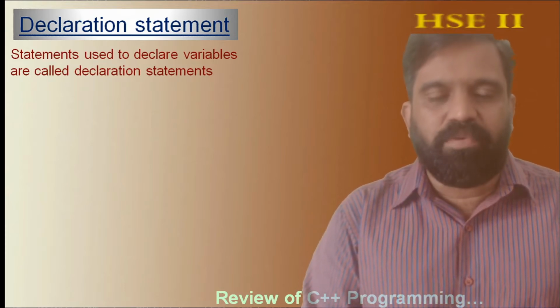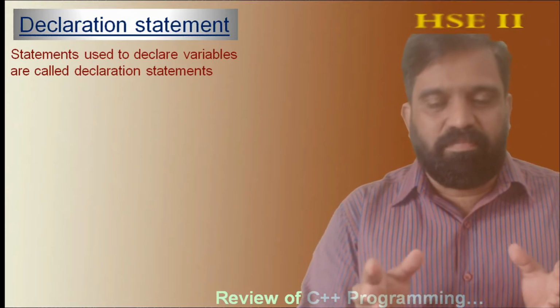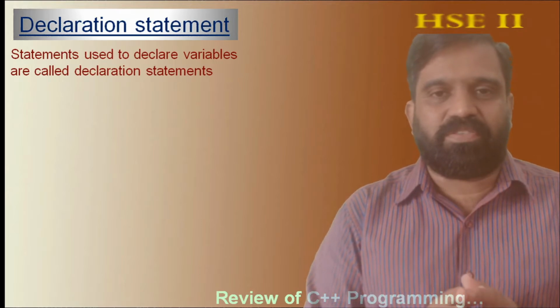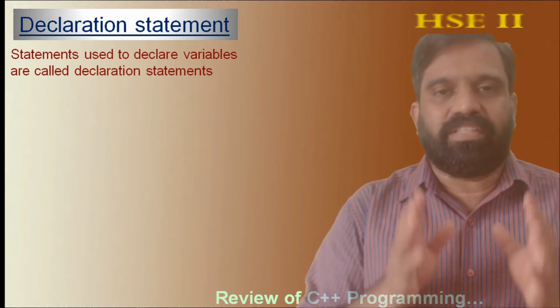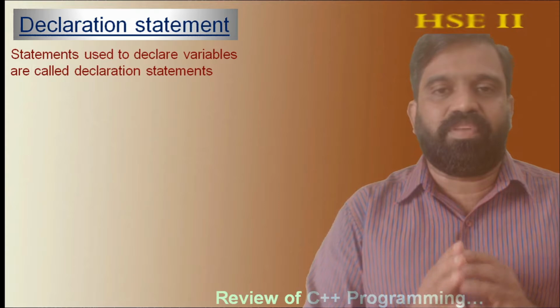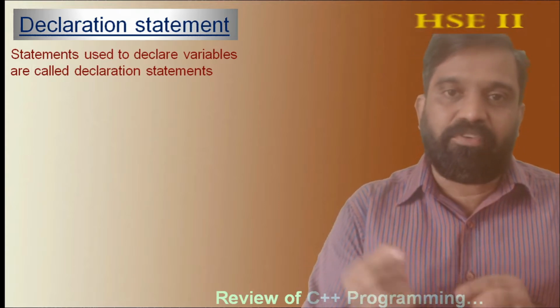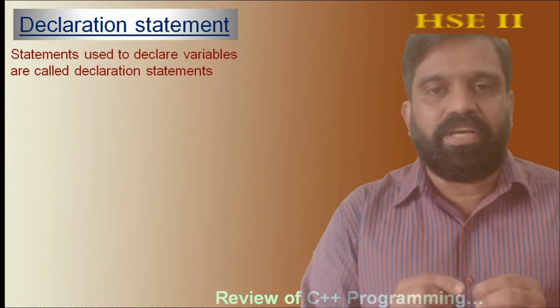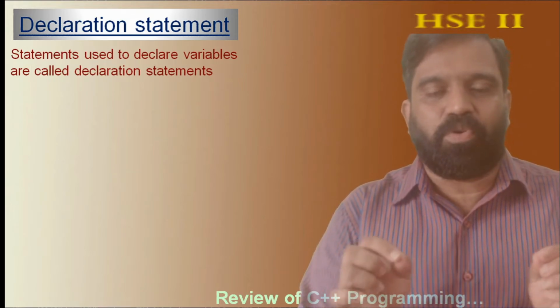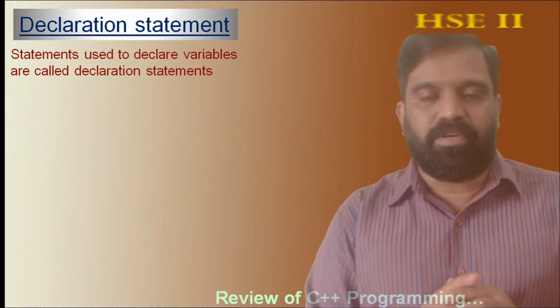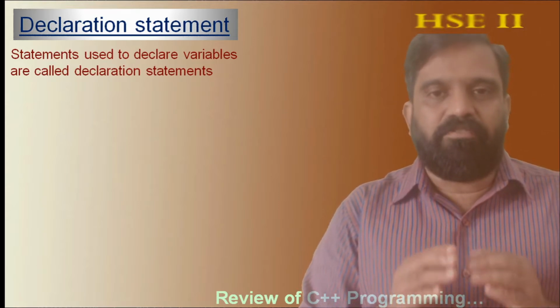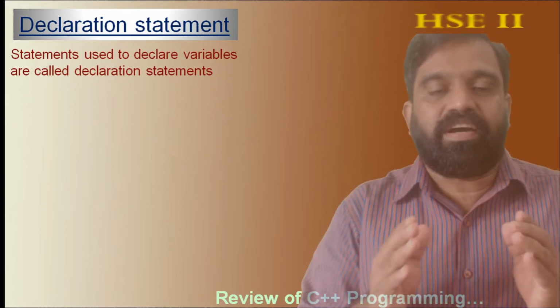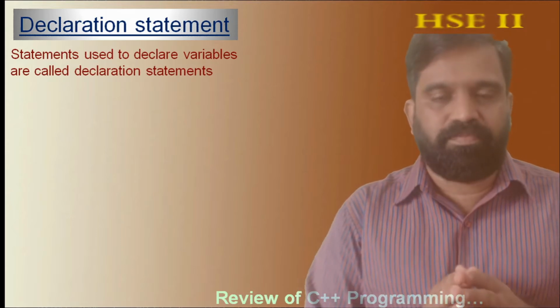Variables are the symbols or characters that represent a memory location where we can store data. So data will be referred to by the program with the help of a variable. That is why a variable should be declared in advance.